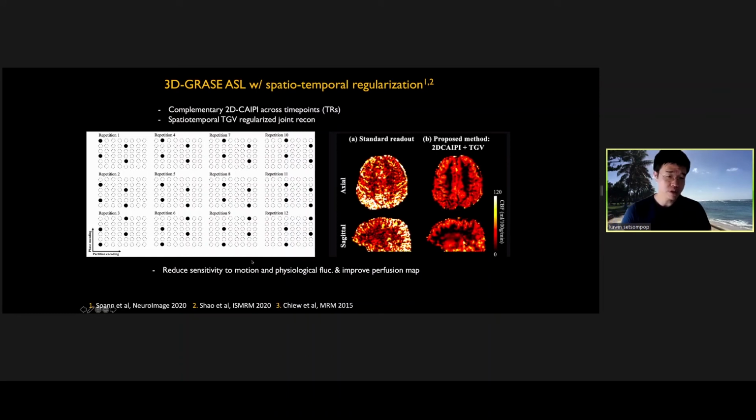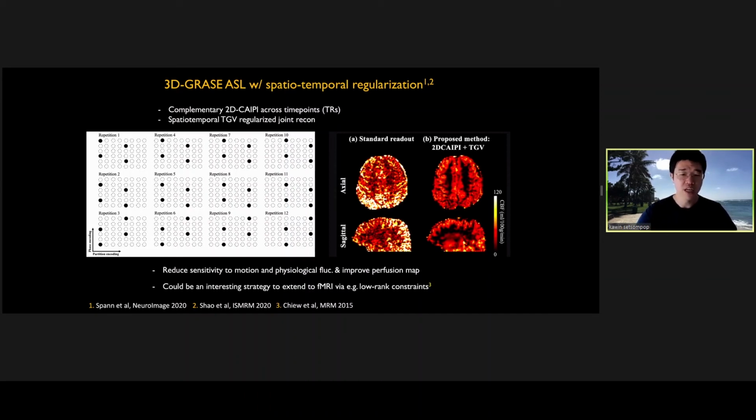So with this approach, you can get improved perfusion maps with reduced sensitivity to motion and physiological fluctuation. The approach has not quite been extended to fMRI yet, but I think this would be an interesting direction to push forward in terms of incorporating examples like low rank constraint that has already been done for task-based functional MRI by Mark Chiew and his group at Oxford, for example.